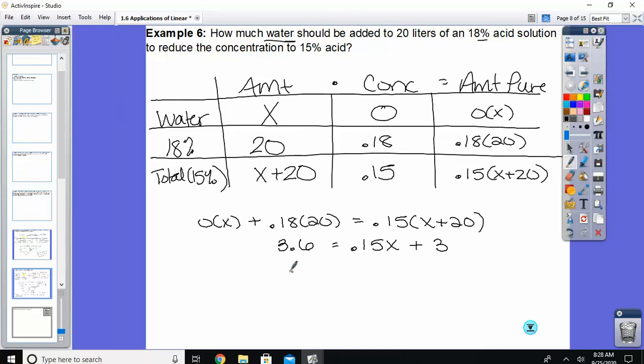If we subtract over our 3, divide by 0.15. And get x equals 4.